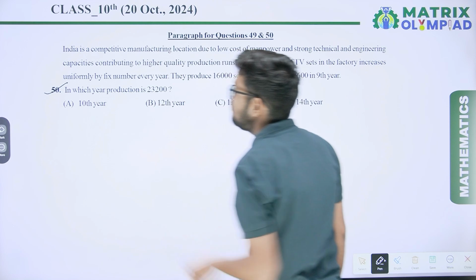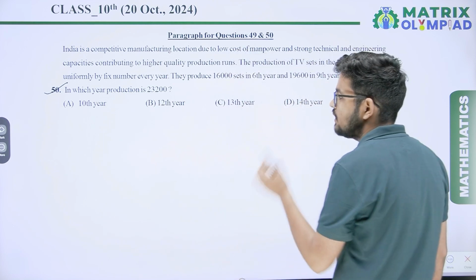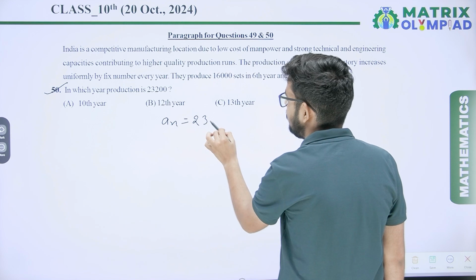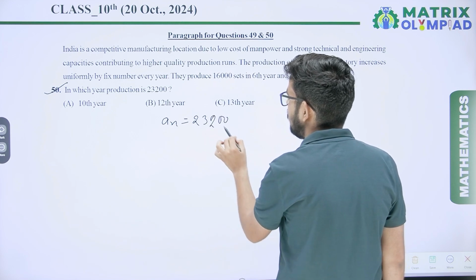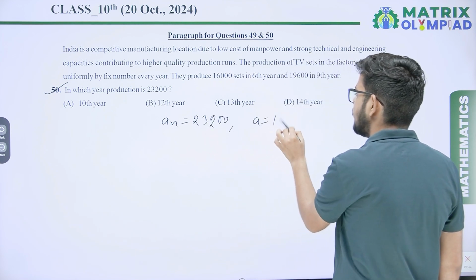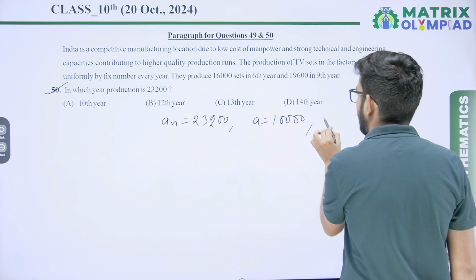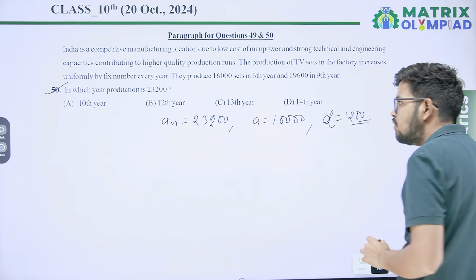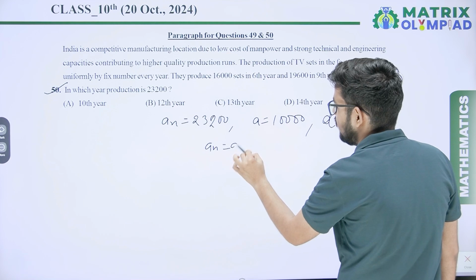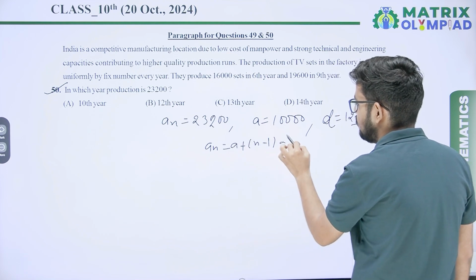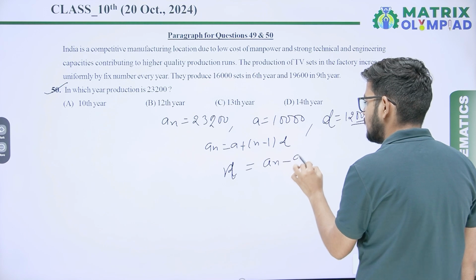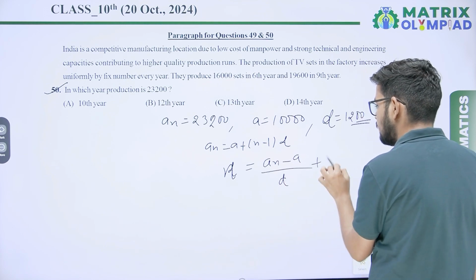Question number 50. In which year the production is 23,200? So just assume in nth year it is 23,200. In first year it was 10,000 and common difference D was 1200. So An equal to A plus n minus 1 into D. So from here n equal An minus A upon D plus 1.